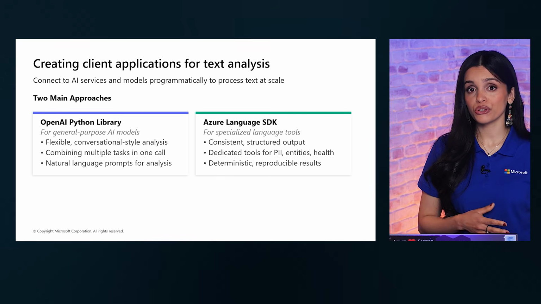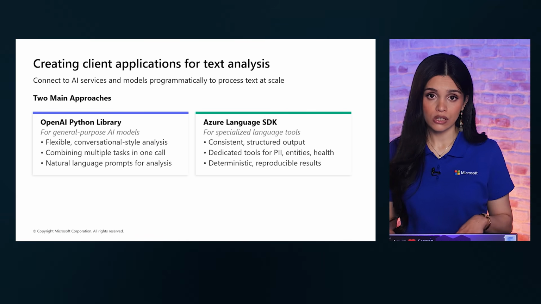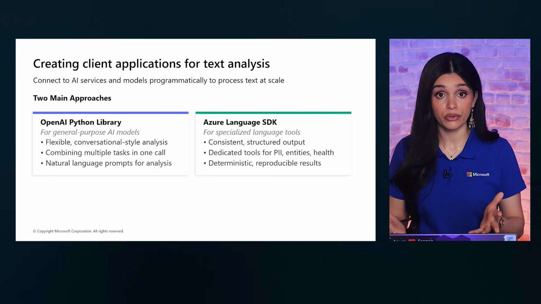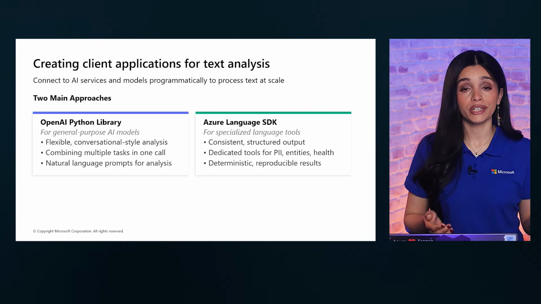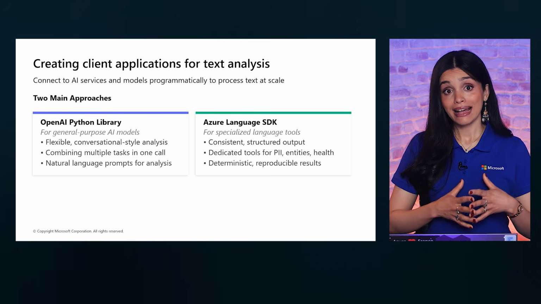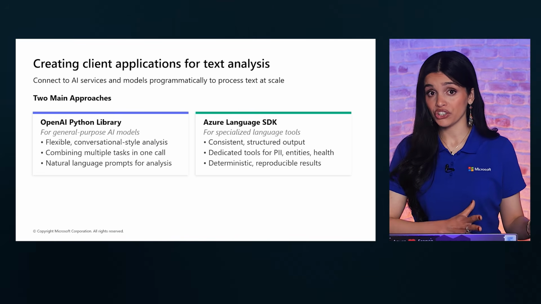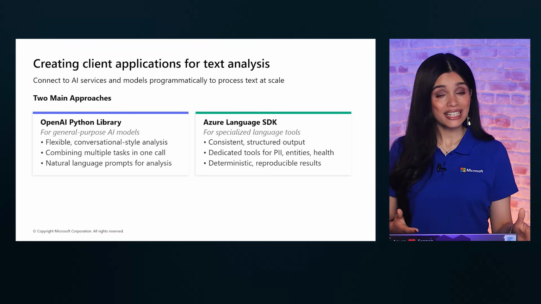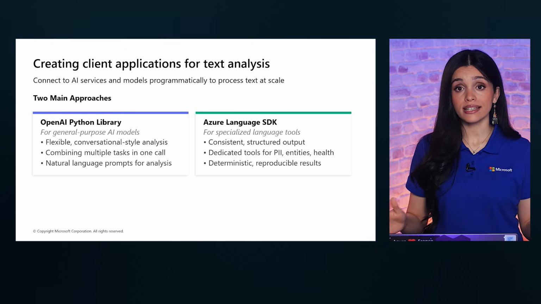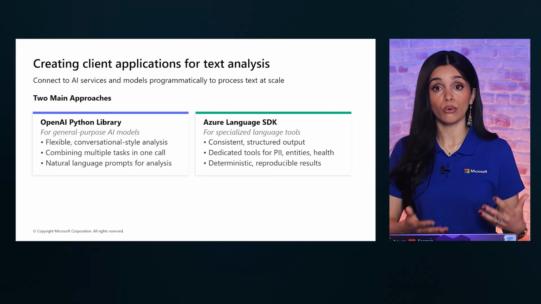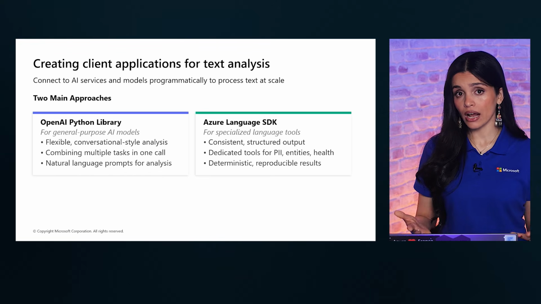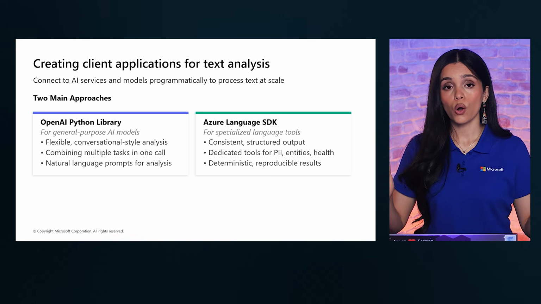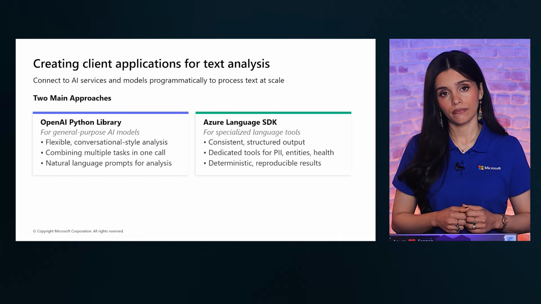The first approach uses general-purpose AI models that we talked about previously, accessed through libraries like the OpenAI Python library, and this works best when applications need flexible conversational analysis. For example, an app may send a customer message to a model and ask it to summarize the issue, detect sentiment, and explain intent, all in one request.